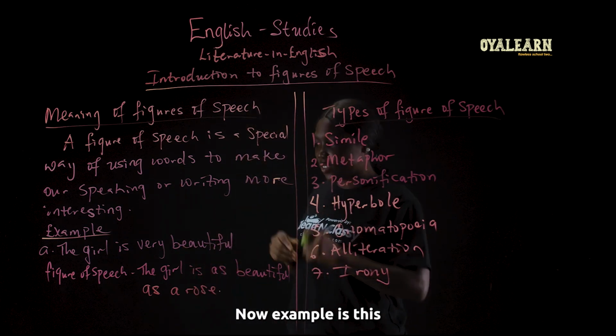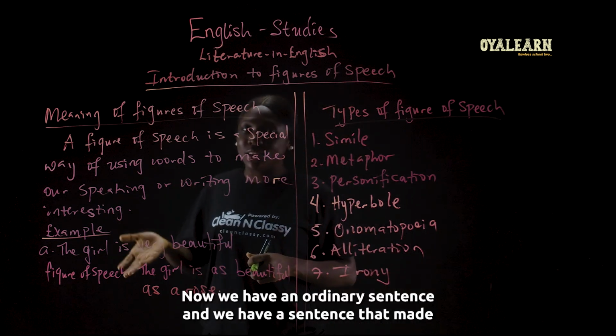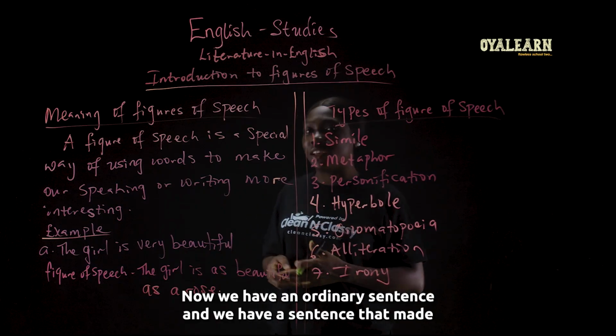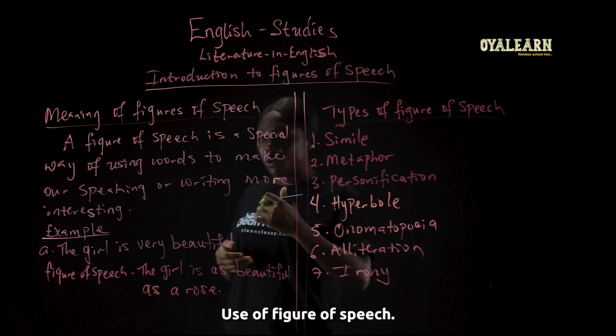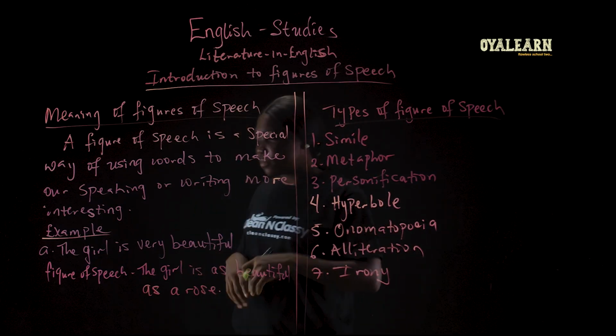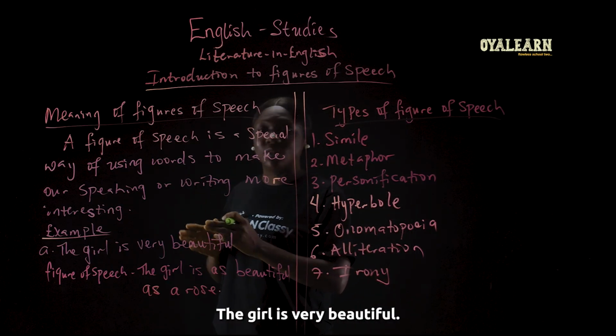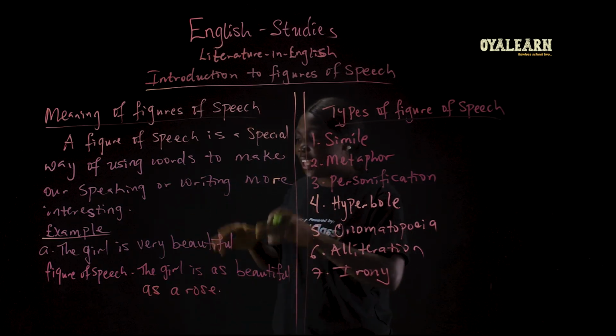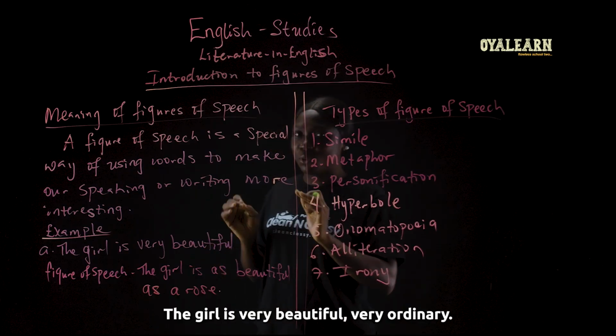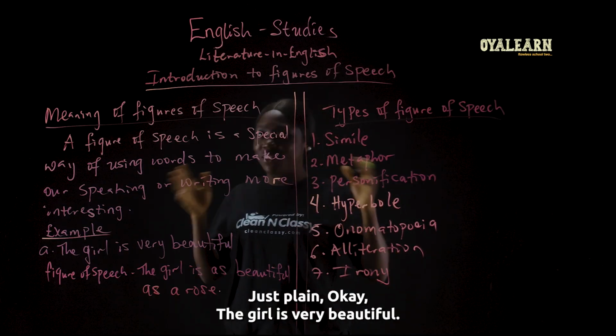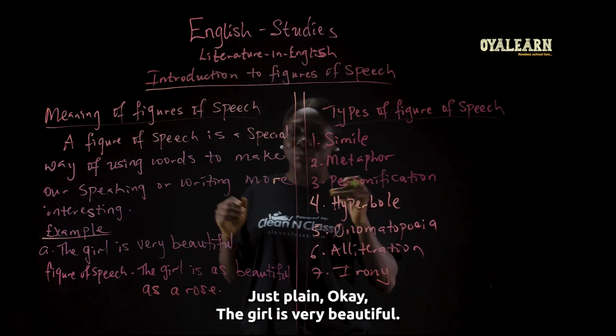Now, example is this. We have an ordinary sentence and we have a sentence that made use of figure of speech. The ordinary sentence says, the girl is very beautiful. Very ordinary, just plain, okay, the girl is very beautiful.